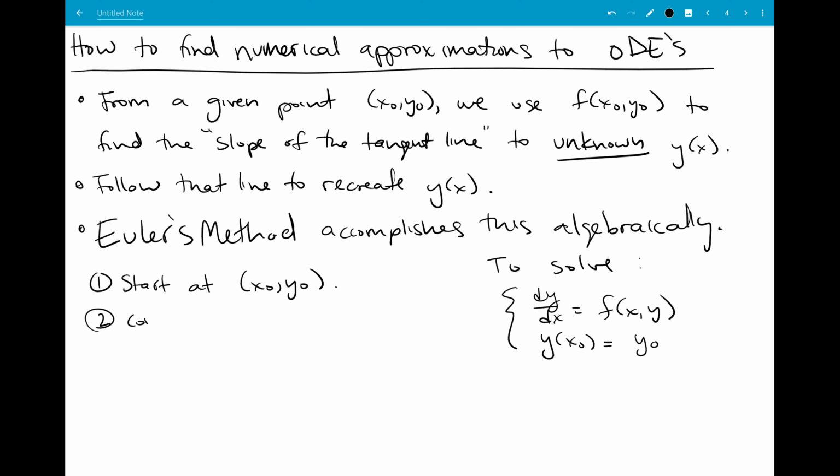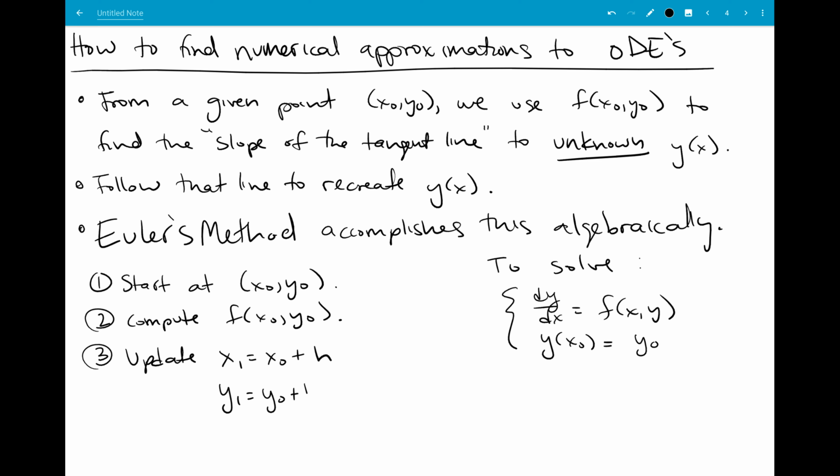We're going to compute f of x0, y0. We're going to update x1 is equal to x0 plus h, and y1 is equal to y0 plus h times f of x0, y0.